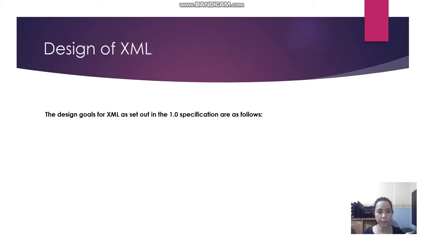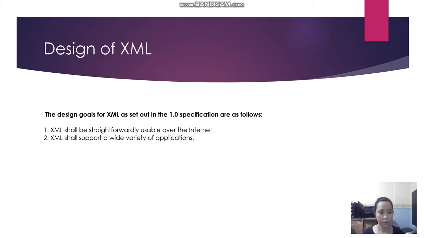The design of XML, as set in the 1.0 specification, is as follows. Number 1, XML shall be straightforwardly usable over the internet. Number 2, XML shall support a wide variety of applications. Number 3, XML shall be compatible with HTML.